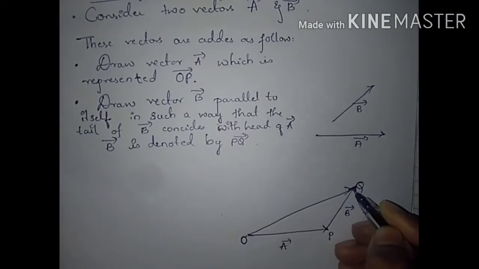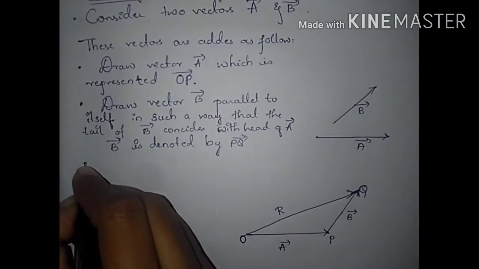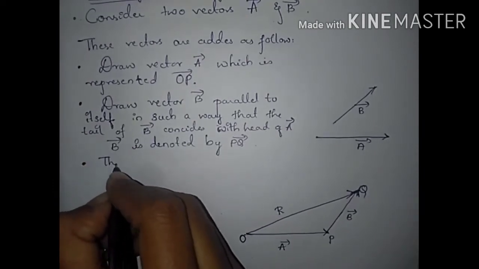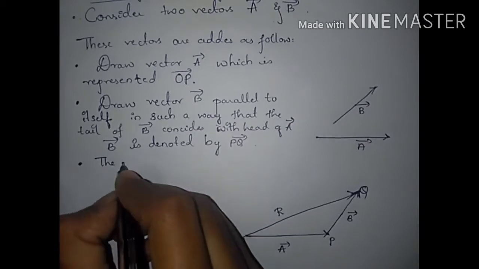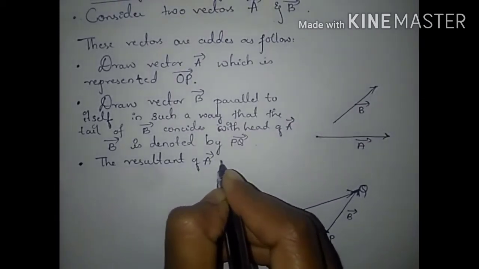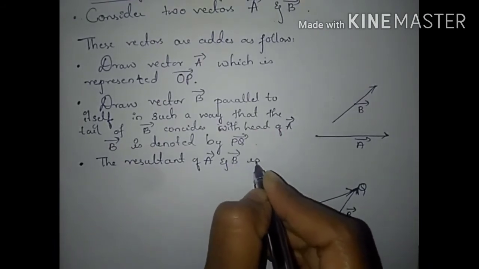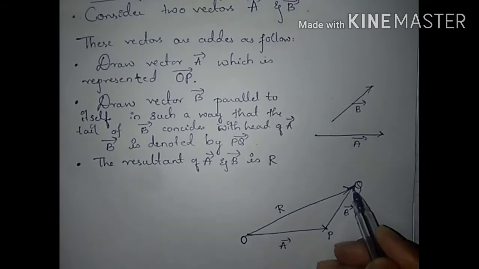So this is the resultant vector. R is the resultant vector. So the resultant of A and B is R, and that is represented as OQ.